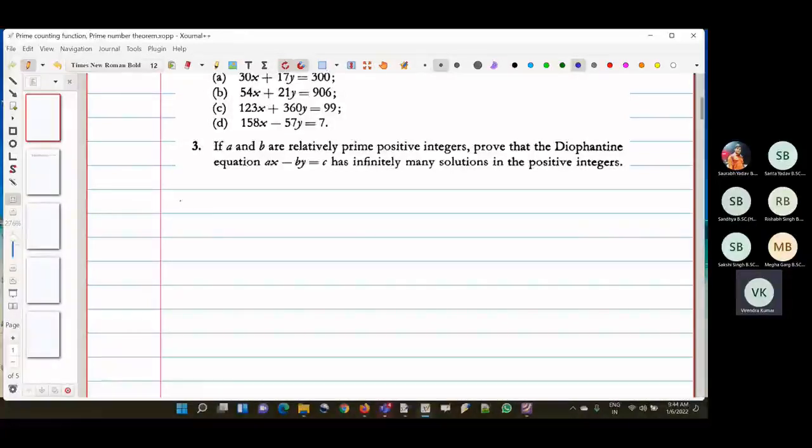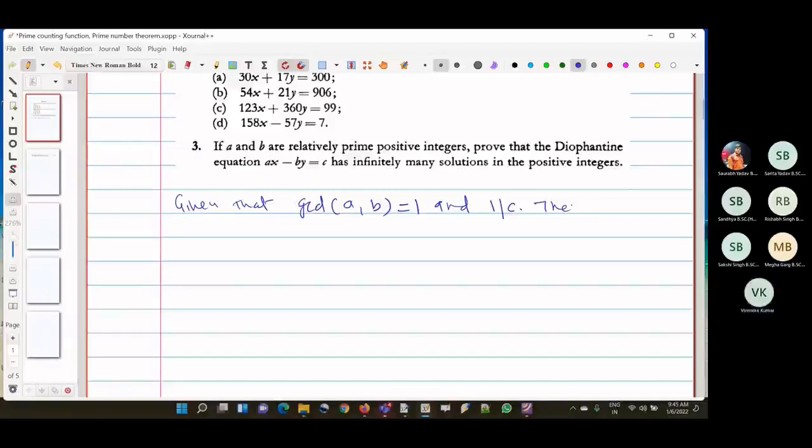So given that the greatest common divisor of A and B, of course they are positive integers, otherwise I would have written the modulus of this, is 1. It is given. And 1 is the number which divides every integer, so it divides C.